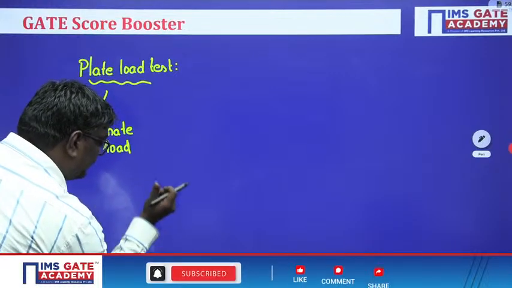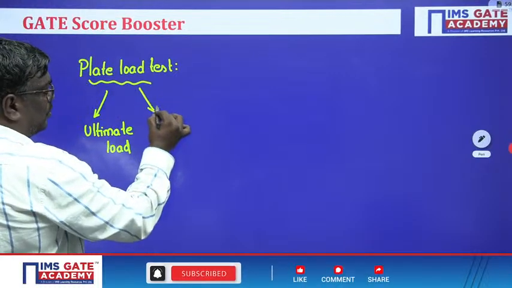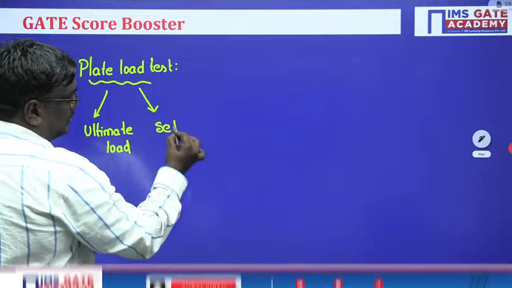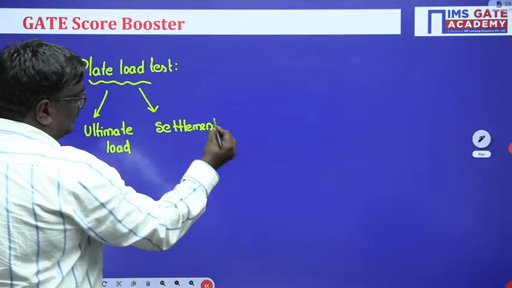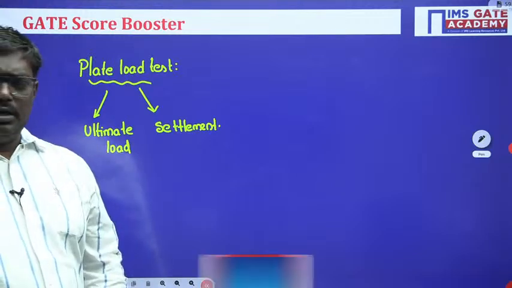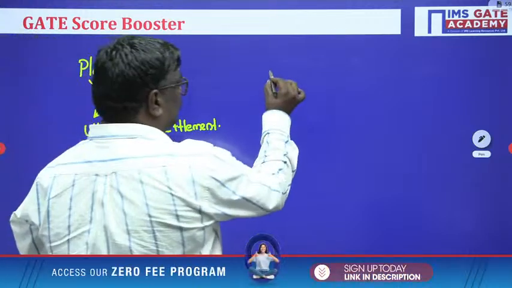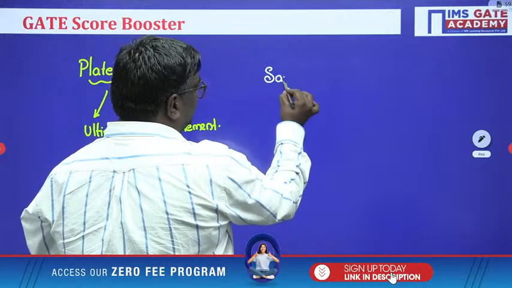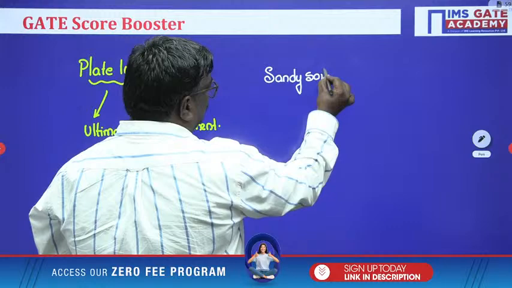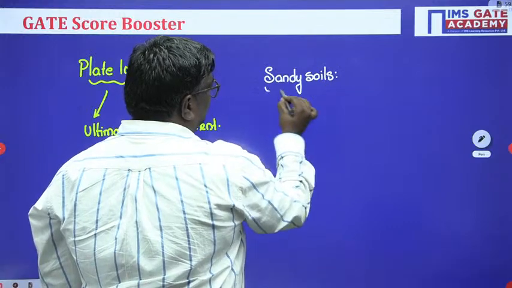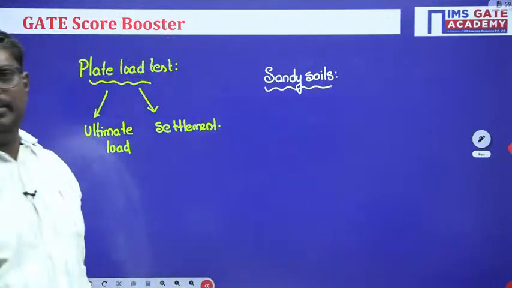Similarly, you can know the settlement also. How much the plate has been sunk, that is settlement. Now see, students, here in this question they have given you sandy soils. So for sandy soils, there is a standard formula to find the settlement.